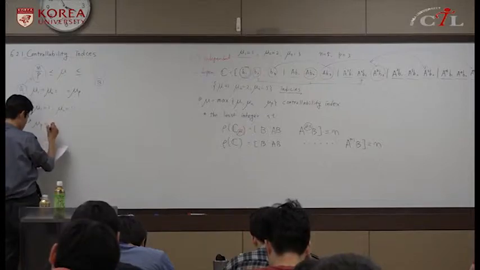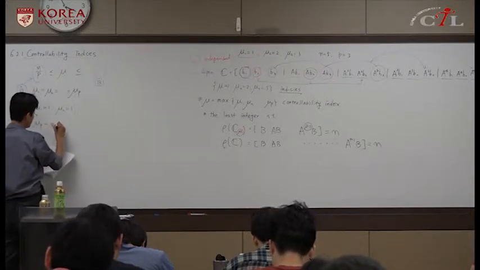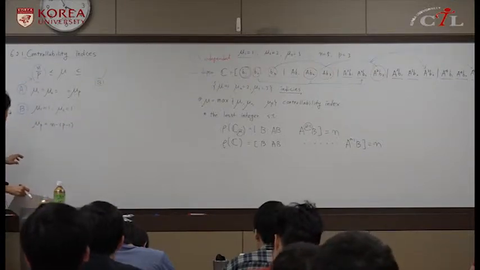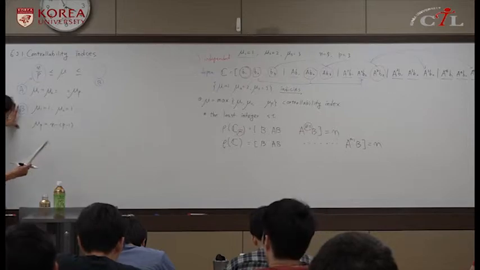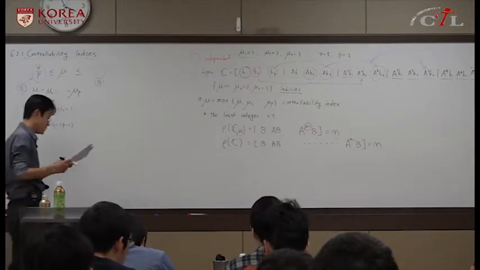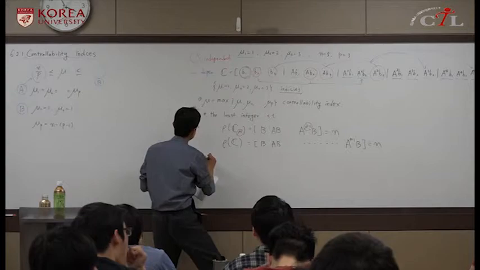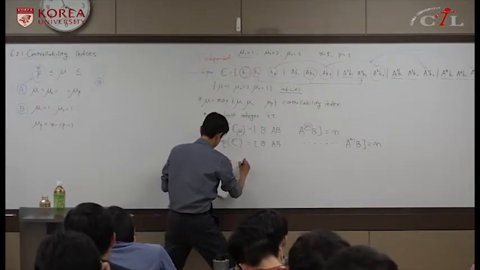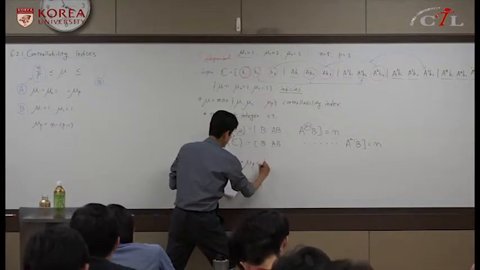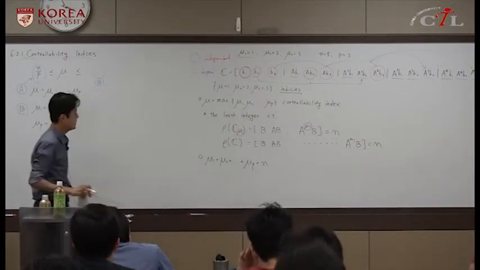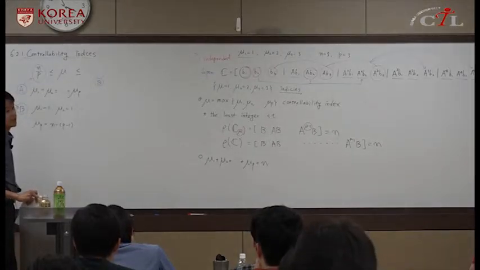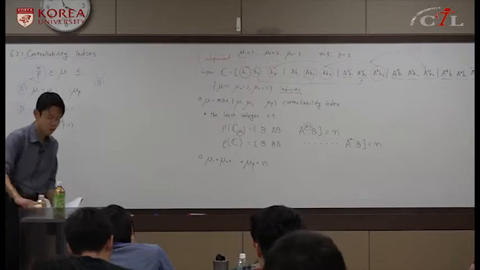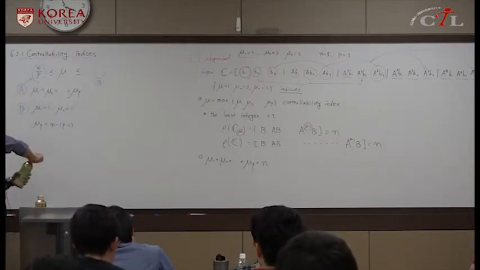For example, let's say mu p is n minus p minus 1. Oh, I didn't say that the sum of mu is equal to n. I have to mention that. I skipped mentioning that. mu1 plus mu2 plus up to mu p equal to n. Their sum should be n. Because the system is controllable, their sum should be equal to the number of states.